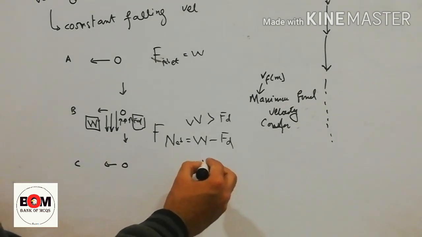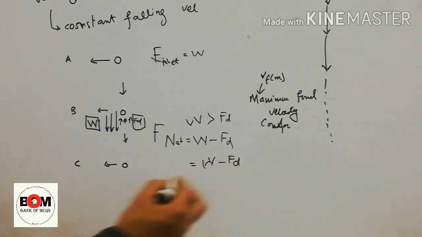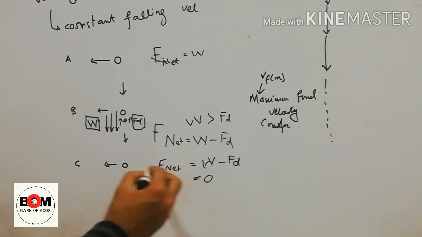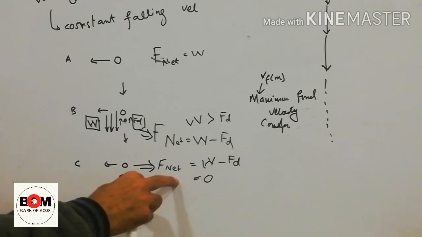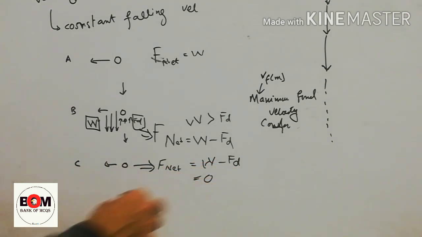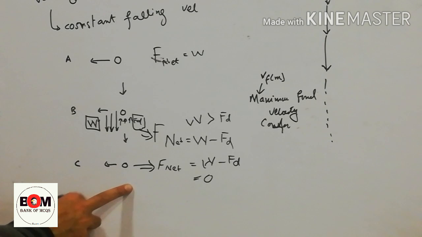So Fd will be equal to the weight of the drop, and F net will become 0. So at point C, F net is equal to W minus Fd, and W is equal to Fd, so it is 0. So the net force acting on the drop at point C is 0. So the drop falls at constant velocity, and that constant velocity we call terminal velocity.